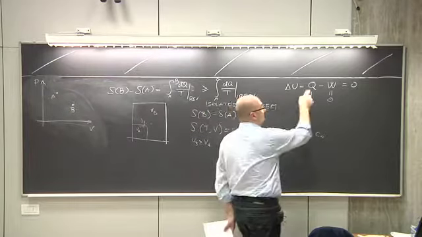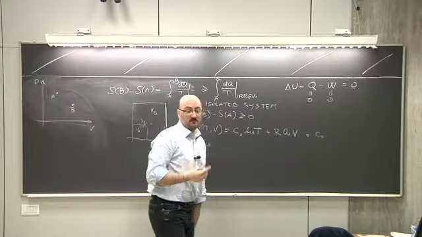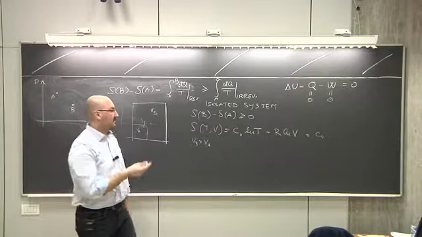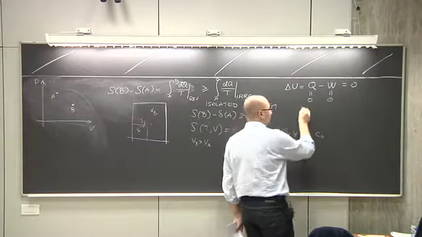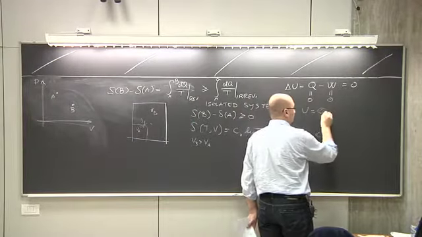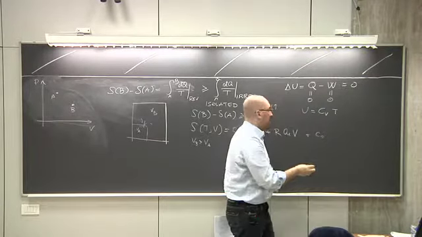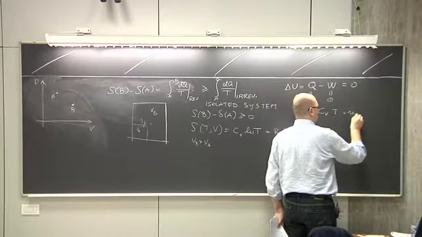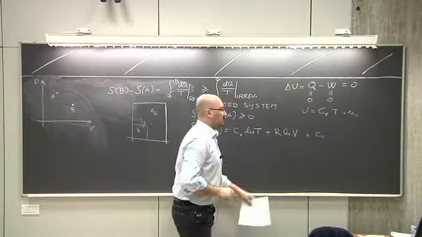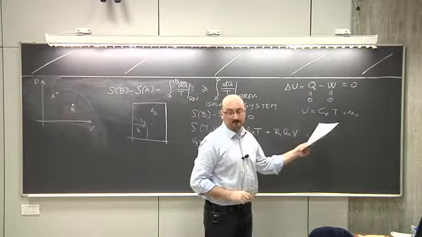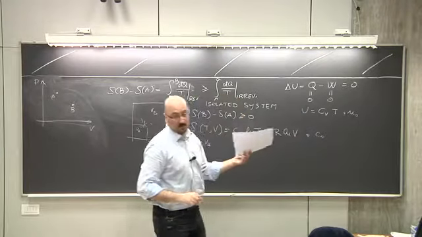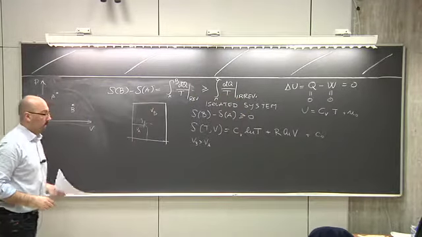So if this does not change and it is a function only of the temperature, in particular for an ideal gas, it's an explicit function of the temperature. It's a function that we know. It's CV times T plus a constant. So if U does not change, then T does not change. Okay?